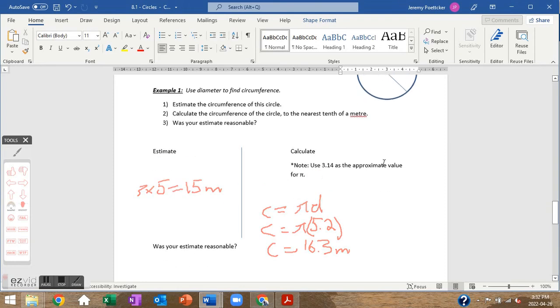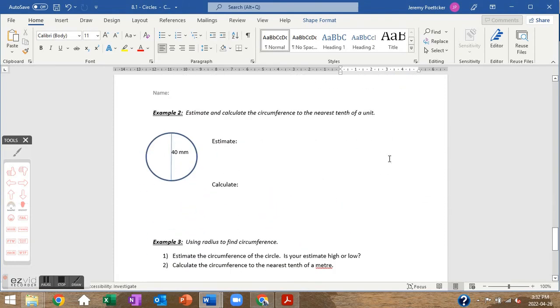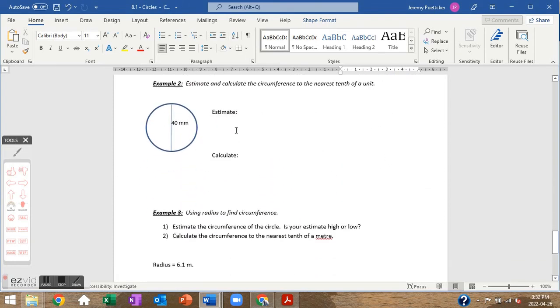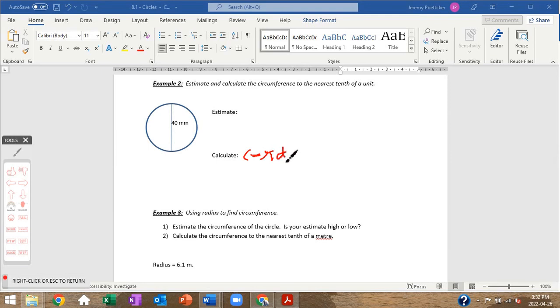Continuing on. Here's another one. Give this a try. Again, 3 times 40, about 120 millimeters. Let's calculate this. C equals pi times d. C equals pi times 40. Make sure we know what the units are.